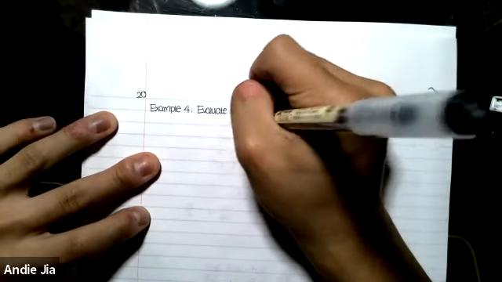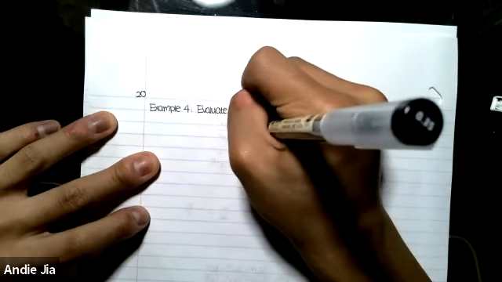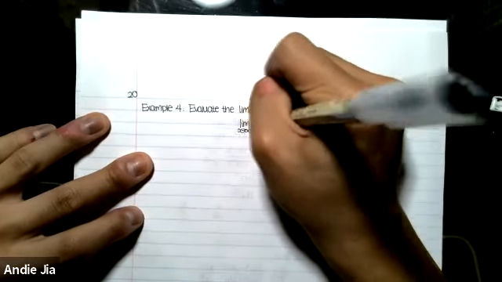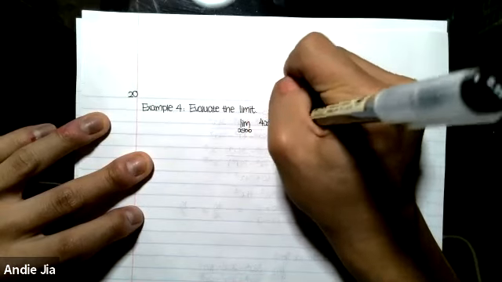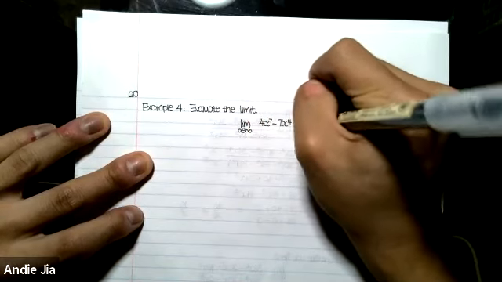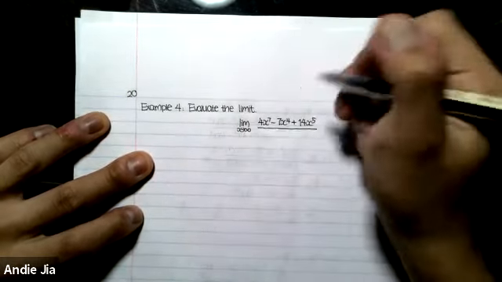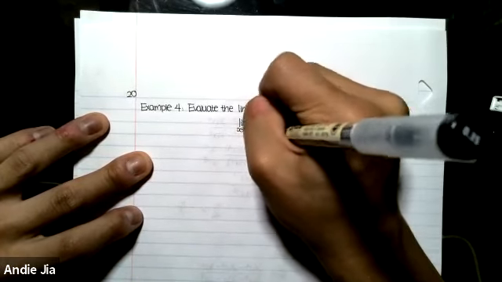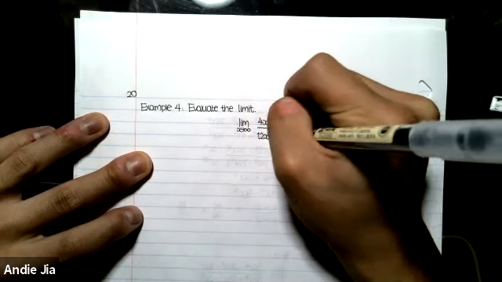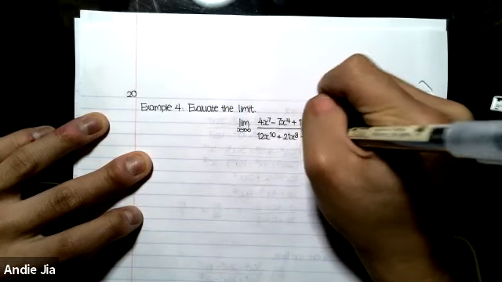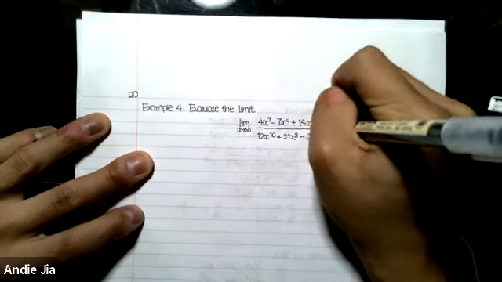We have the limit as x approaches infinity of 4x to the 7th minus 7x to the 4th plus 14x to the 5th over 12x to the 10th plus 21x to the 8th minus 25x cubed. Maybe pause the video and try it on your own, perhaps it is on the actual exam.